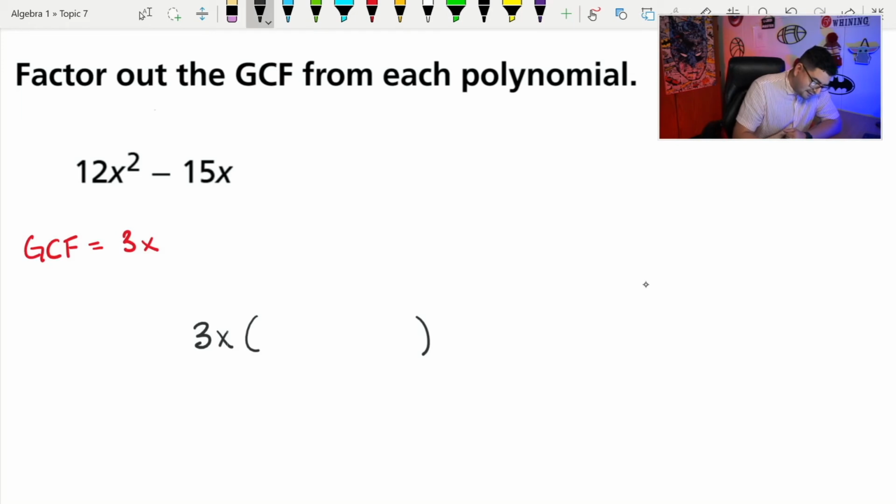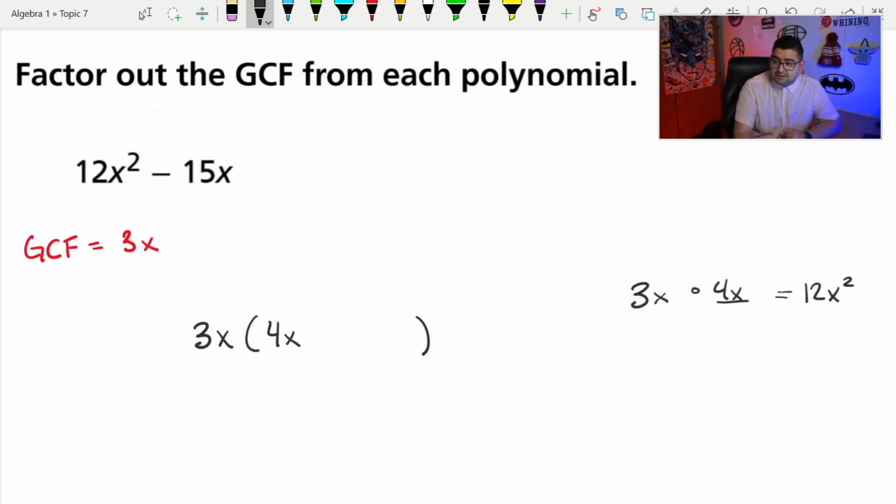A lot of times I like to set it up this way: 3x times something equals 12x squared. So 3x times what will get me 12x squared? Well, I know 3 times 4 can give me that 12, and x times x can give me that x squared. So I know that this first piece needs to be 4x. 3x times 4x, yep, that's 12x squared.